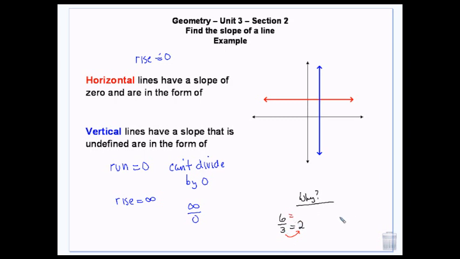If I divide by 0, what times 0 equals 6? Nothing, right? Nothing exists that I can multiply 0 times and get 6. So there's nothing here. So it's undefined. You can't do it. It's impossible. So that's why for a vertical line, M is undefined. And for the horizontal line, because it's flat and we can divide 0 by everything, M equals 0.